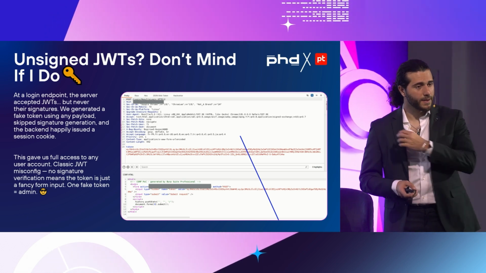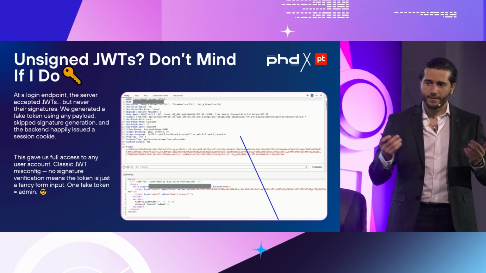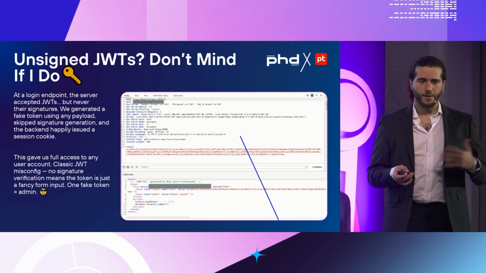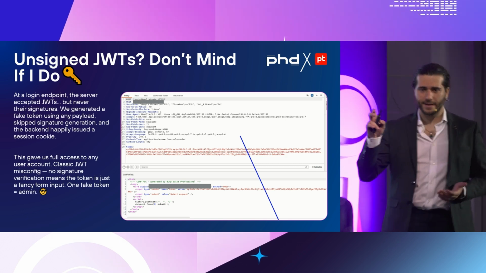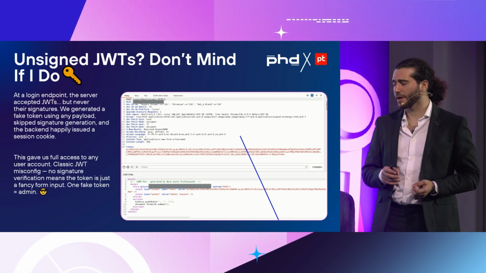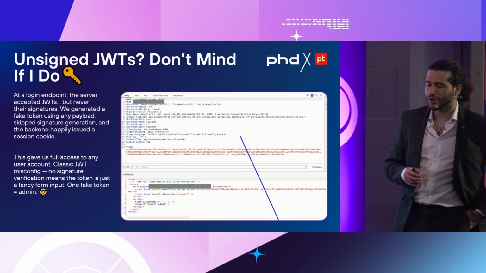So what does it mean? It means the server is taking in the JWT token, decoding it, and granting you access or not, but without actually having a valid signature generation, checking, and a session cookie.